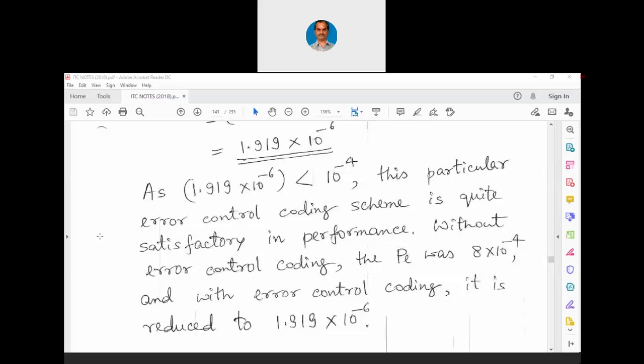Our sense organs have a response speed in milliseconds, whereas the technical equipment is working in microseconds, nanoseconds and picoseconds. In such a case, even if 1 or 2 bit errors are there, that will not be noticed by us. That is the point here.